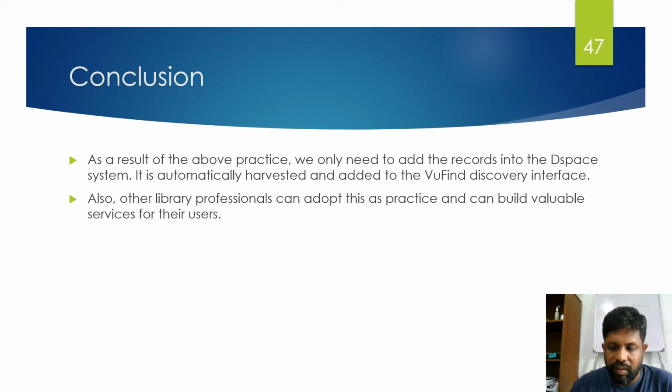So there is only one manual task: you need to add the record in DSpace. We can't automate that. That record will then be automatically harvested and indexed into the VuFind interface.